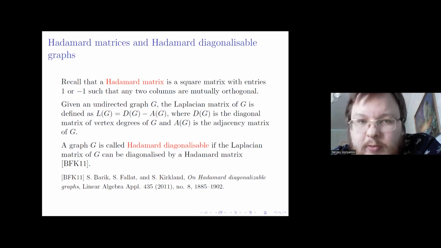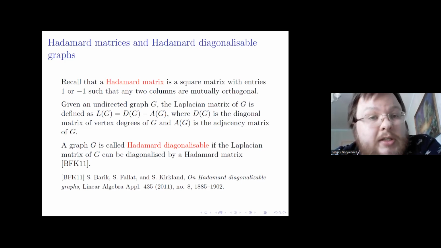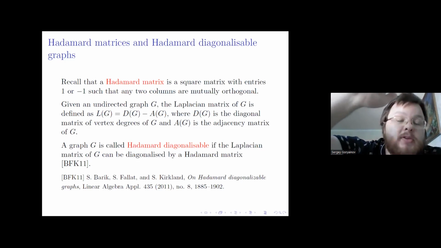Another aspect of this work is related to Hadamard matrices and their generalizations. Recall that a Hadamard matrix is a square matrix with entries 1 or -1, such that any two columns are mutually orthogonal.